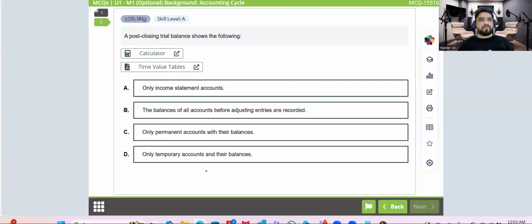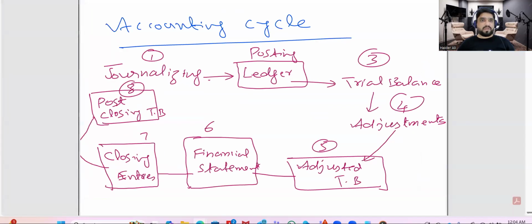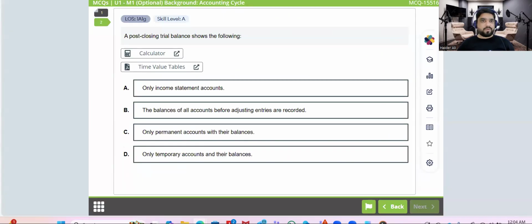A post closing trial balance shows the following. Post closing trial balance means after closing entries are made, we are left with only permanent accounts. Temporary accounts are closed. Here it says only income statement accounts. No, we have permanent accounts, and income statement accounts are time sensitive, so this cannot be the right answer.